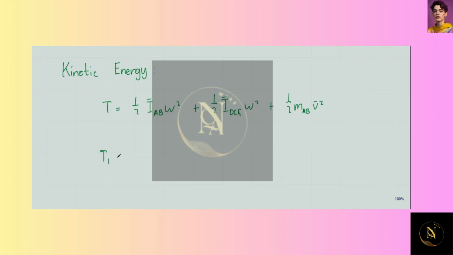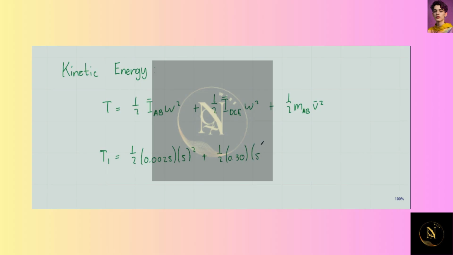So applying it for position 1, the kinetic energy is a half times 0.0025 for I_AB times omega 1 squared, which is 5 squared, plus a half into 0.3 for I_DCE.